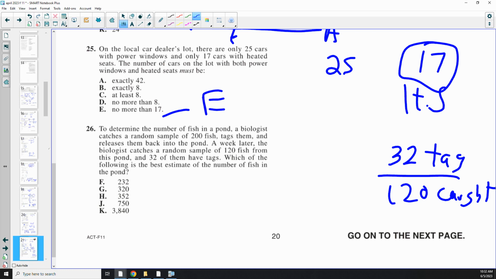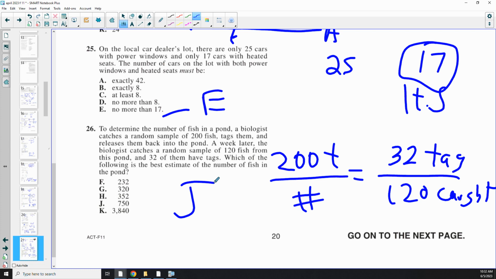And the 200 that he tagged represents a portion of the whole pond. Cross multiply, and you get 200 times 120 divided by 32, and I get 750 as the estimated answer.